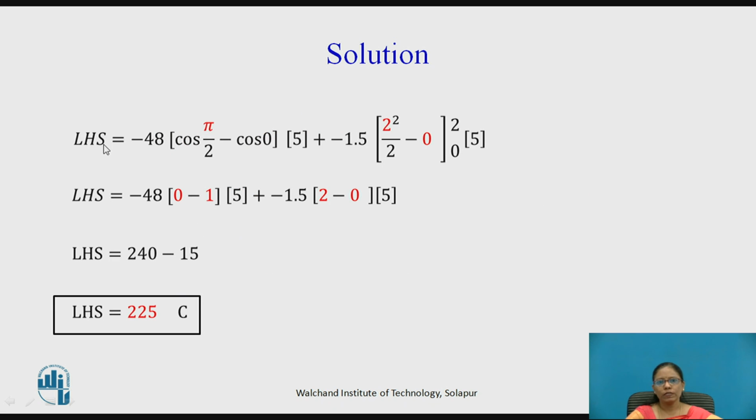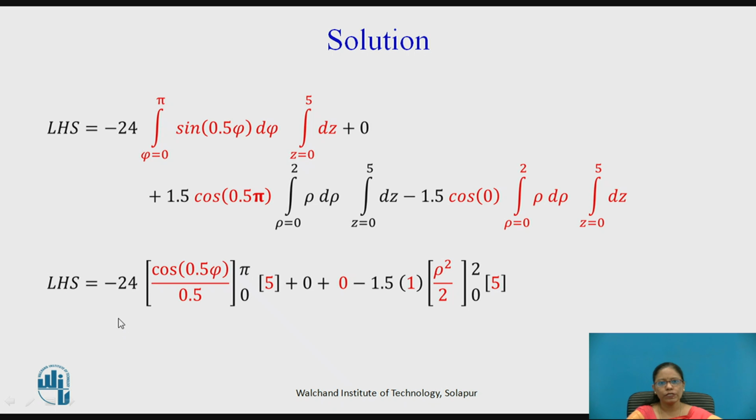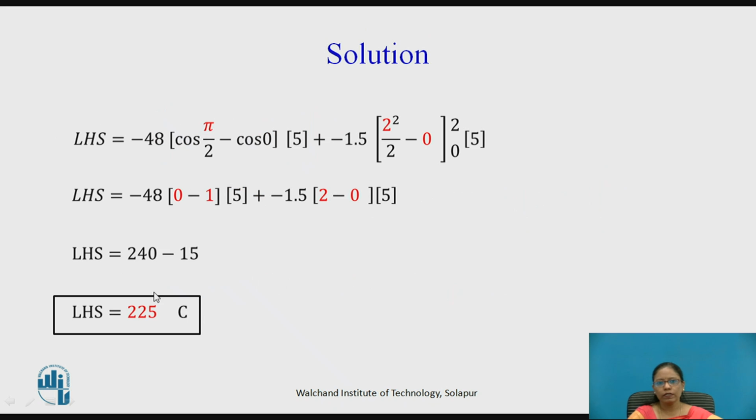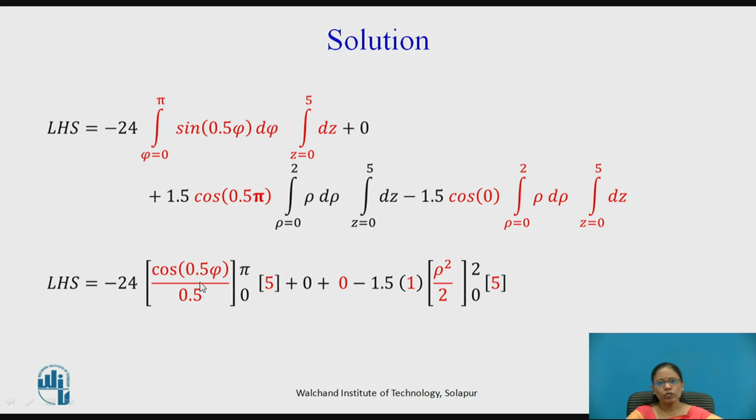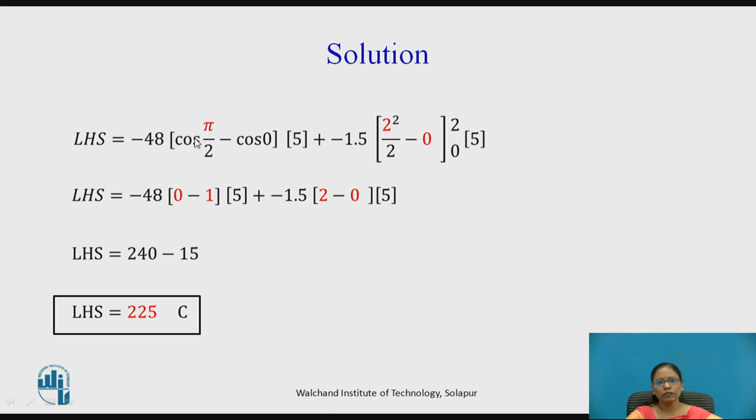Now the LHS, when I simplify further from the previous, here you can see 24 into 5 divided by 0.5, I will get the value here as 48. Then I will put the limits of cos phi and also the limits of rho. So accordingly the limits of cos have been put, the limits of rho have been put, and when I simplify, cos pi by 2 is 0, cos 0 is 1, and I get the first term value as 240, second term value as 15.